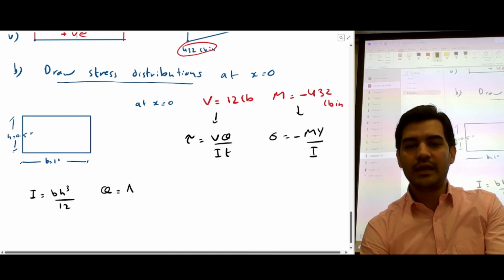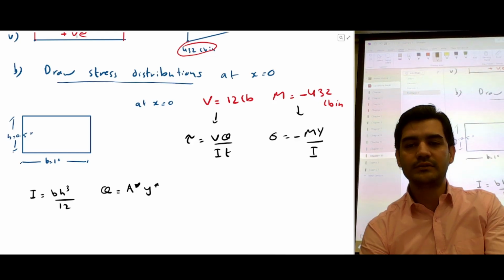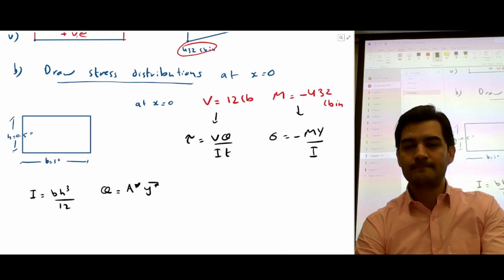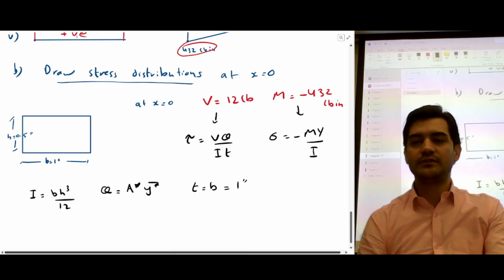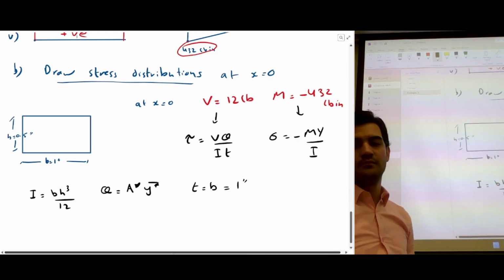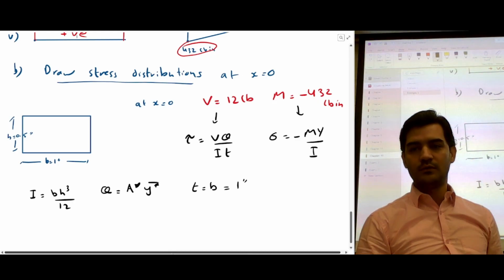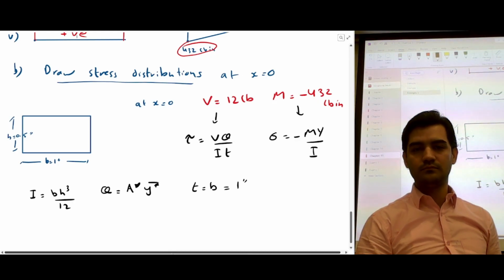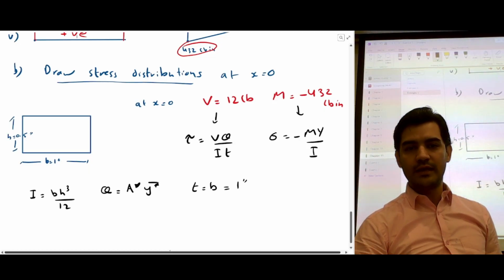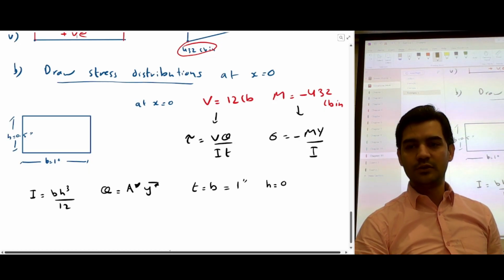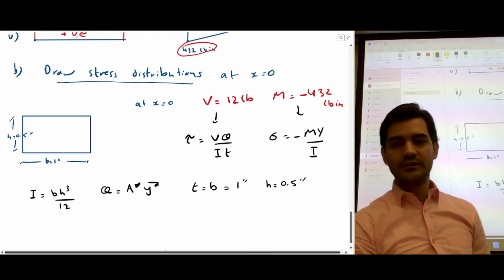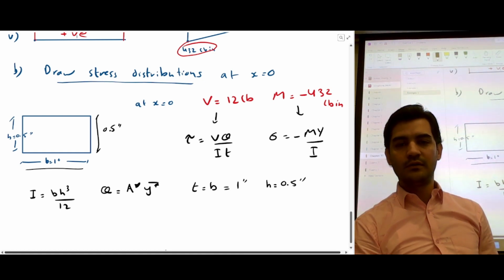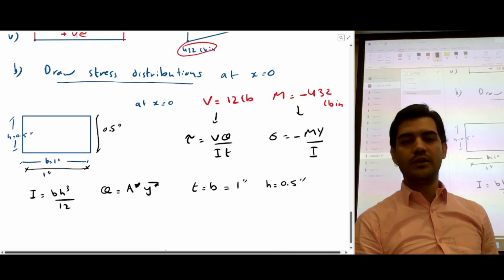Q is A star y star prime. t is basically b, 1 inch in this case. And in our case, h is 0.5 inches. This distance is 0.5 inches. This distance is 1 inch.